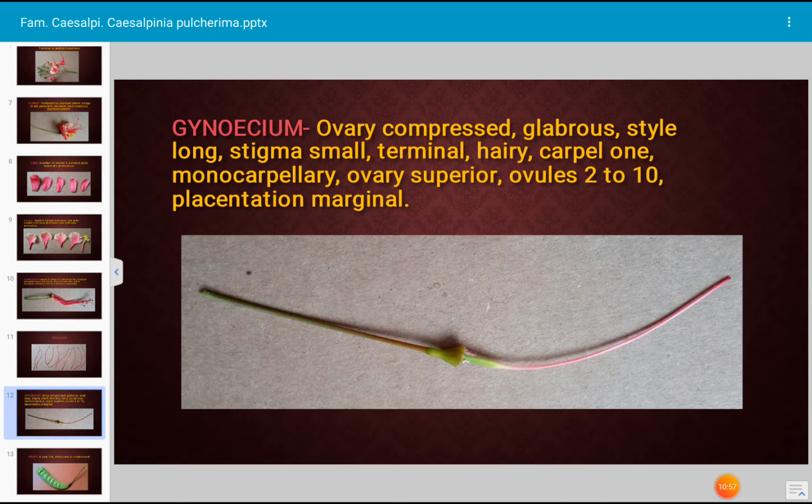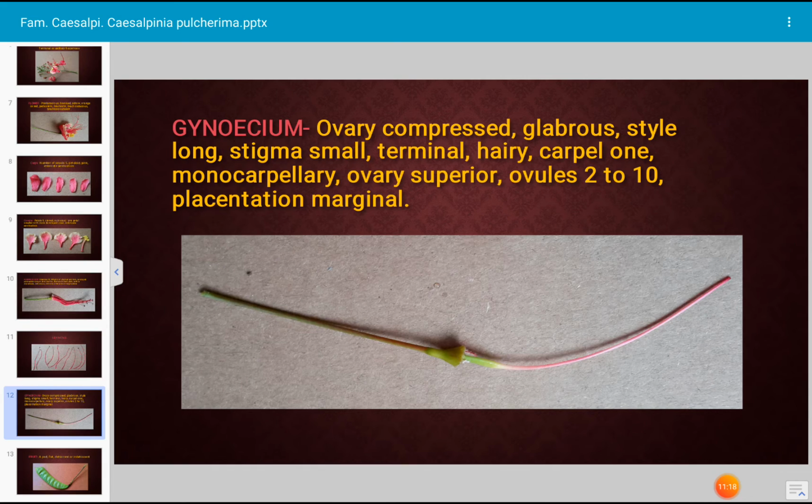Glabrous means smooth or free from hair-like structures. Its style is very long, filiform, long and pink colored. At the top, the stigma is very small in size. It is somewhat hairy.